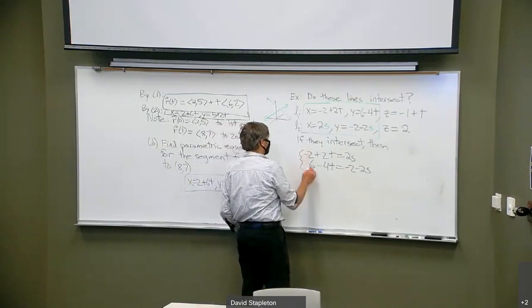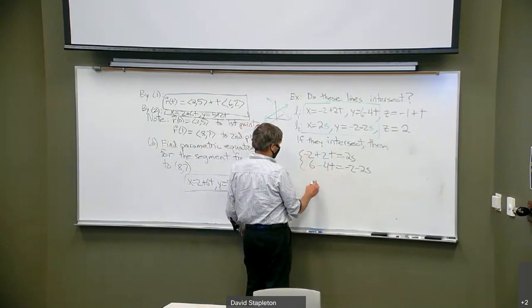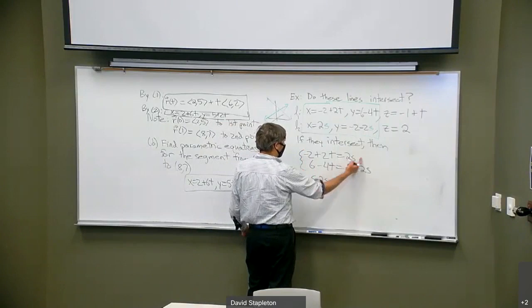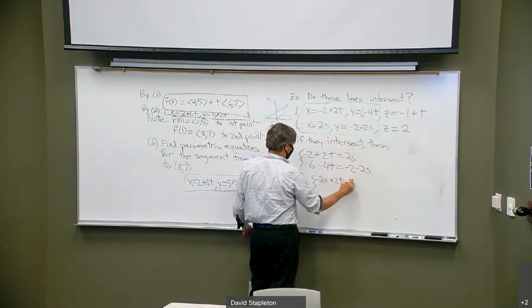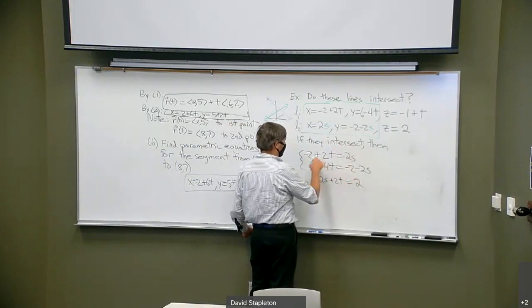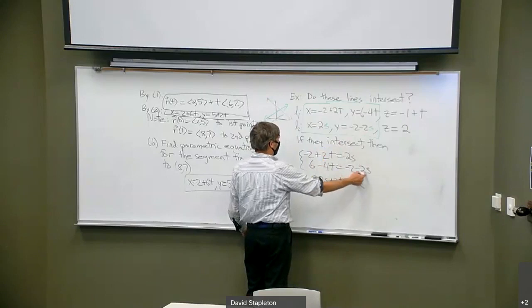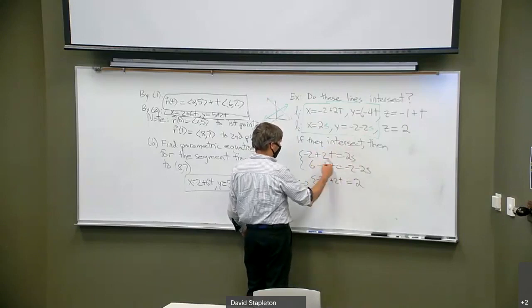So this system of two linear equations and two unknowns, we usually write in this form. I'll write the first equation in that form: minus 2s, by subtracting it over, plus 2t equals 2, by adding 2 to each side. Then I'll do the same thing here. I'll add 2s to both sides.